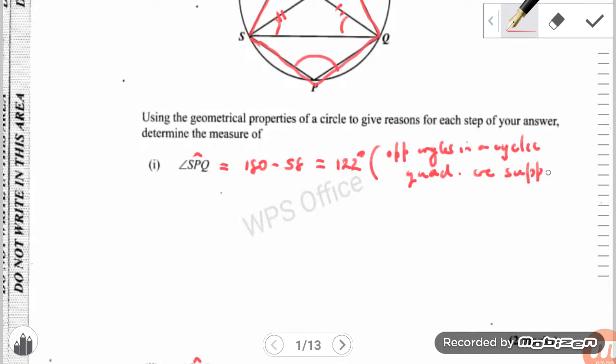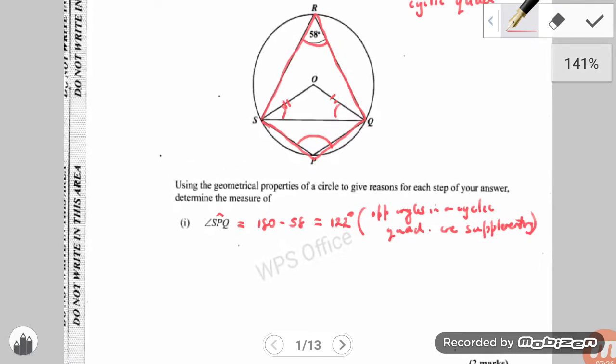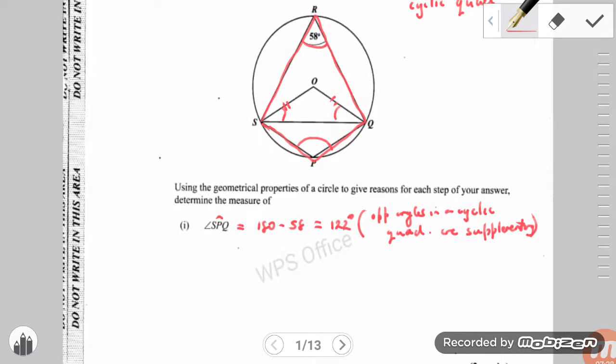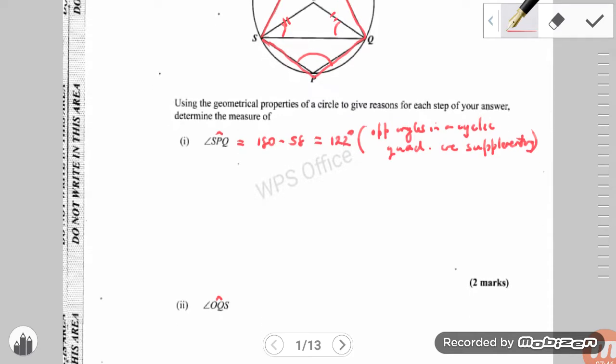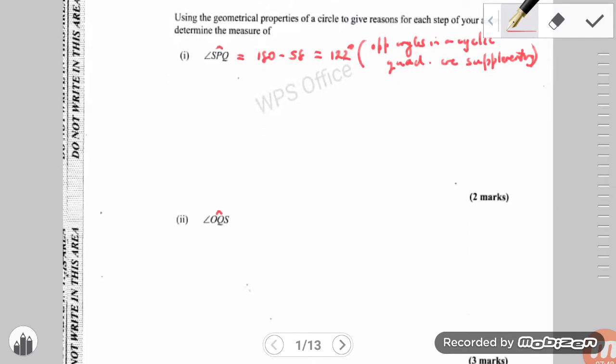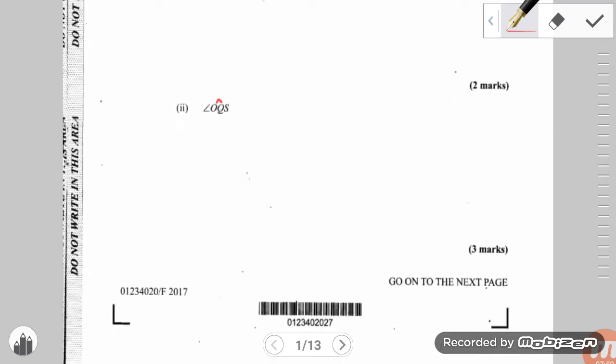Since the 58 degrees is facing the angle that we are required to find, both of them will add up to 180 degrees. That's basically the reasoning behind how we got the 122. All right, let's proceed to the next question.